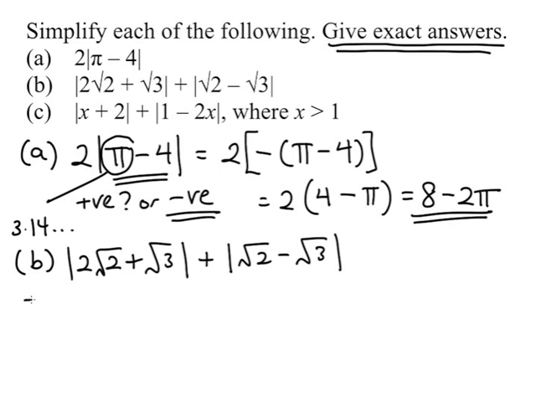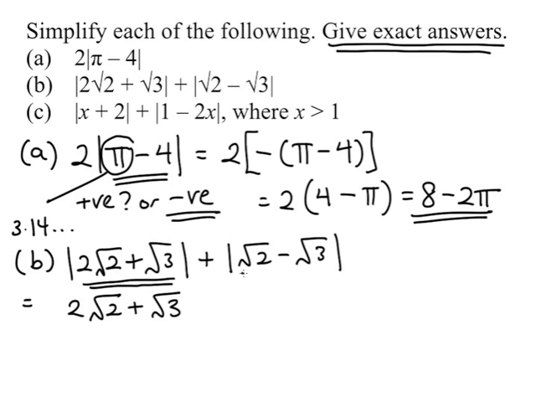Now this first value will always be positive. 2 times square root 2 will give you a positive value, plus square root 3, which gives another positive value, and when we add 2 positive values, we get a positive value. So when we remove this absolute value away, it will just remain the same.